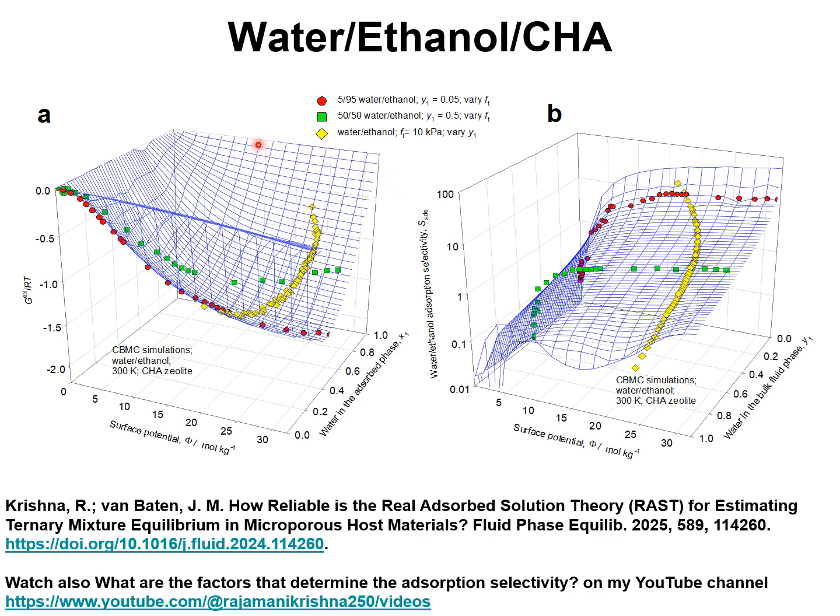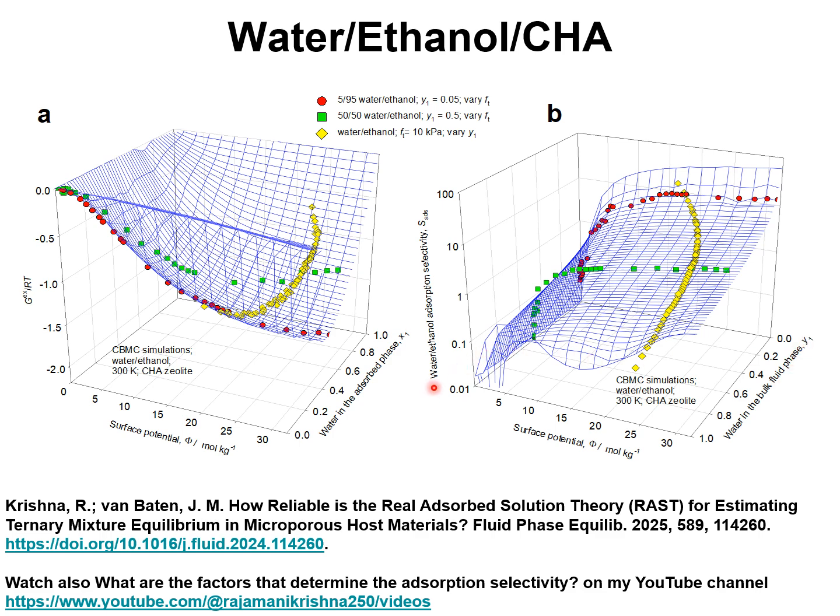The excess Gibbs free energy is plotted as a function of surface potential and mole fraction of water in the adsorbed phase. In this graph, the adsorption selectivity of water with respect to ethanol is plotted as a function of the surface potential and the mole fraction of water in the bulk fluid phase mixture.